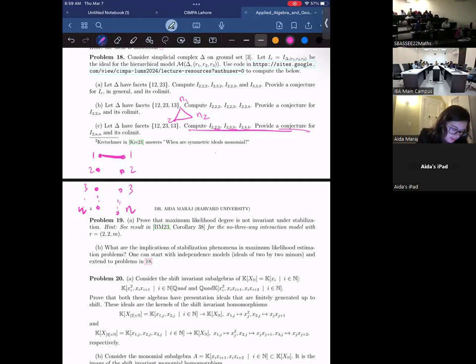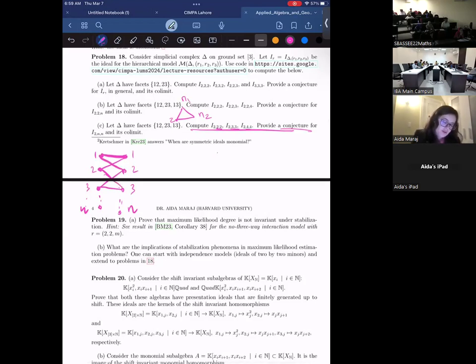There is a bijection between the cycles you take in this complete bipartite graph, and generators in I_{2,n}. That's my hint. All I'm trying to say is that for C it's also not finite.